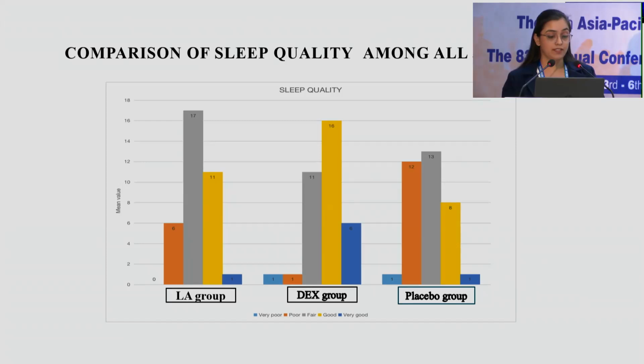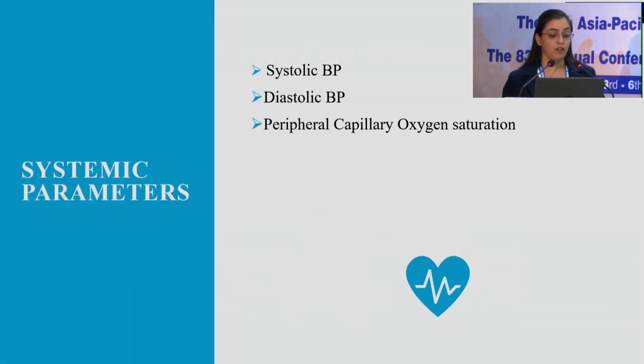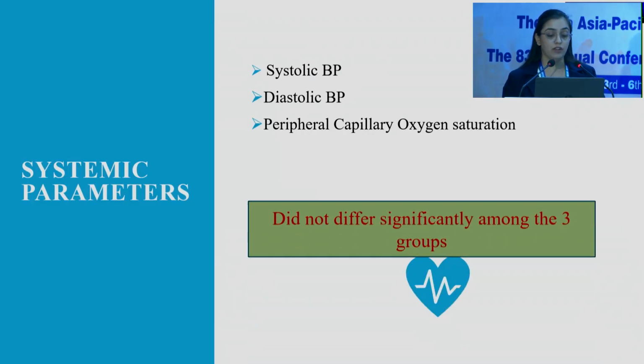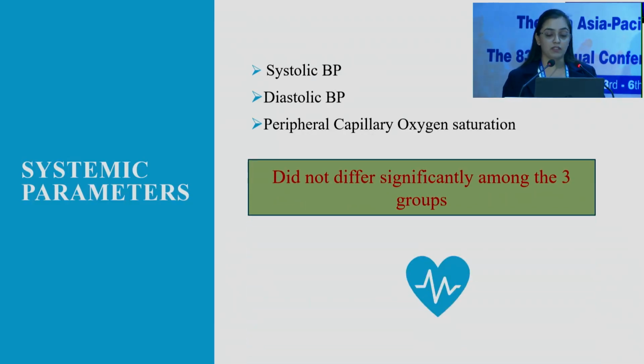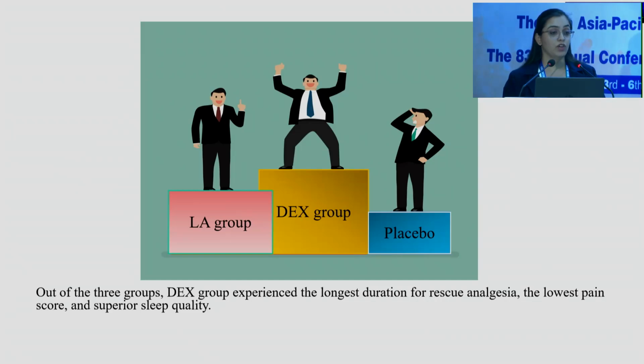Coming to sleep quality, the maximum number of patients in the dexmedetomidine group experienced fair, good and very good quality of sleep. Systolic BP, diastolic BP and peripheral capillary oxygen saturation did not differ significantly among the 3 groups. So, out of the 3 groups, the dexmedetomidine group experienced the longest duration to rescue analgesia, the lowest pain score and superior sleep quality.